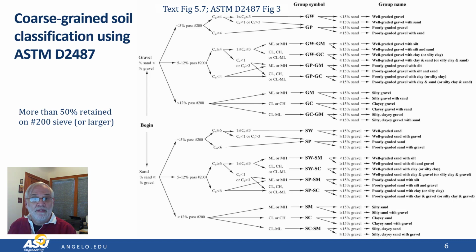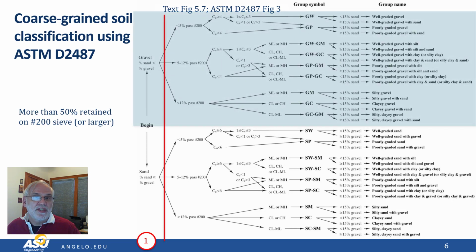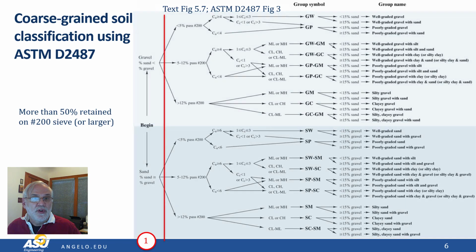That is, more than 50% of the soil must be retained on the number 200 sieve or larger. Once that's determined, the first question we need to ask is there more gravel or more sand? If there's more gravel than sand, then we'll be using the top half of the chart. If there's more sand than gravel, we'll be using the bottom half of the chart.